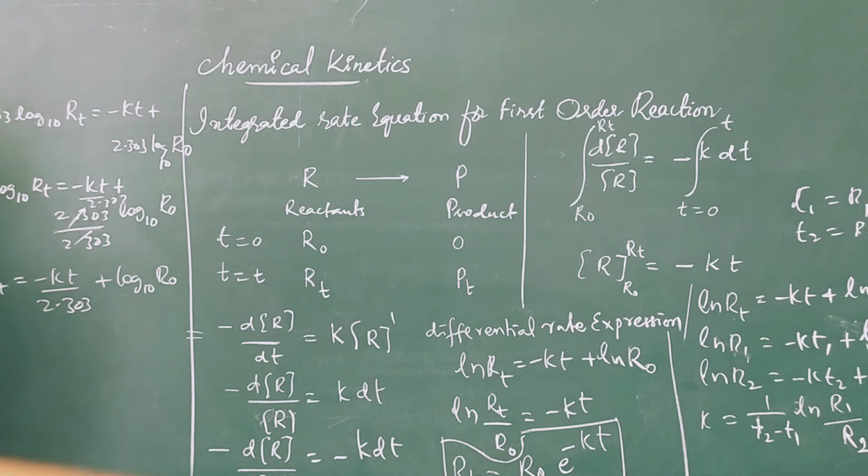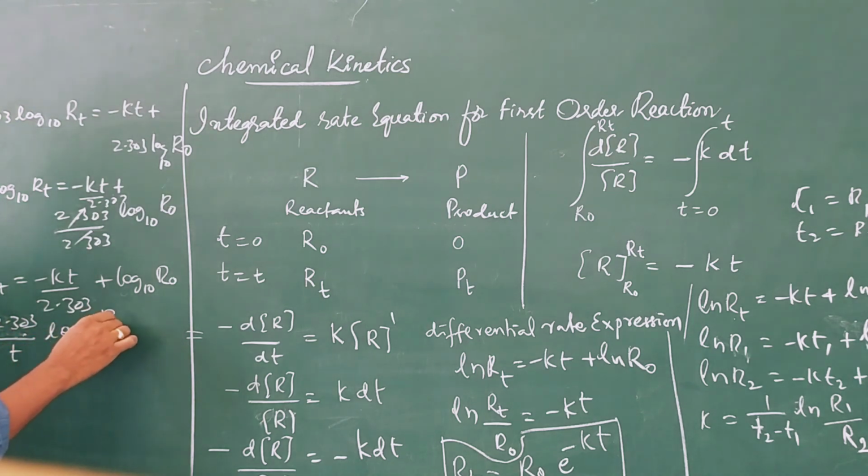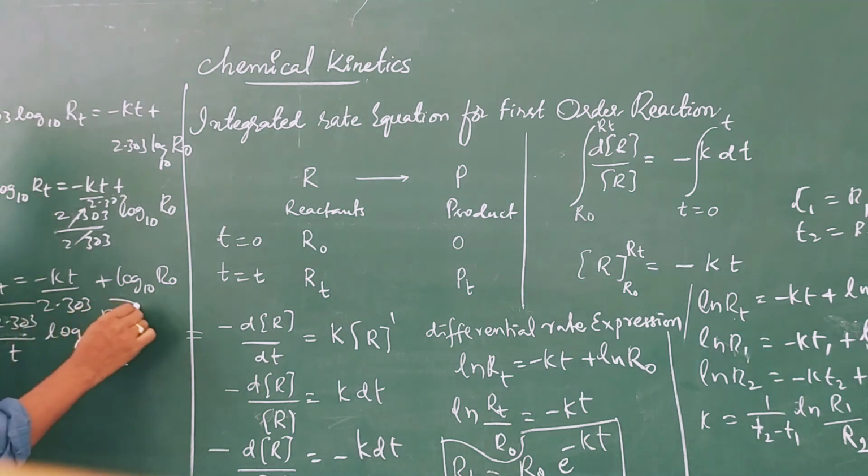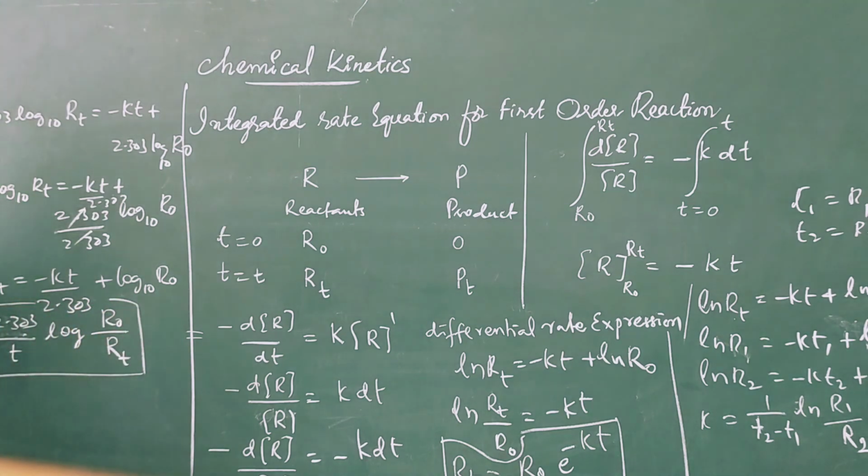So if you write the K value, the rate constant for the first order reaction, this is equal to 2.303 upon T log R0 upon RT, initial concentration upon final concentration. This is the rate constant equation for the first order reaction.